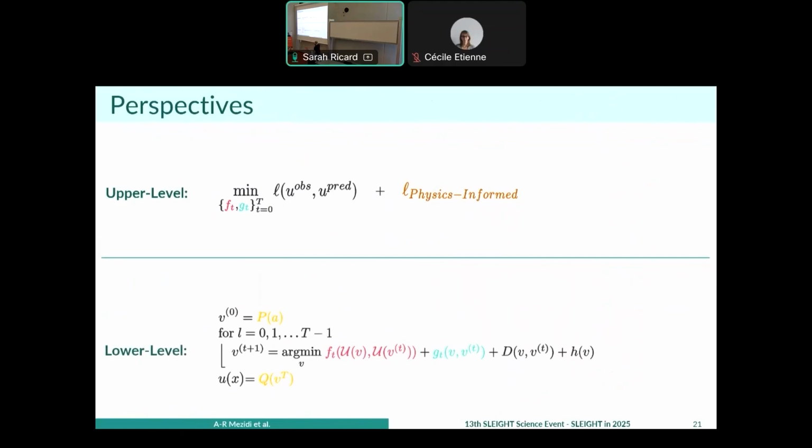And we could also modify the lower level problem. For example, if instead of just applying the divergence and the regularization, we apply our operator U in our divergence and our regularization, we see that we are also able to create a new type of architecture.